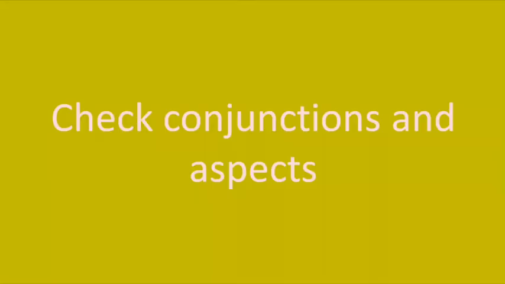Let's see what's next. Check conjunctions and aspects. So now that you have checked the degree of the planet, if it's natural benefic or malefic, and other things that we have discussed so far, you also have to check the conjunction.